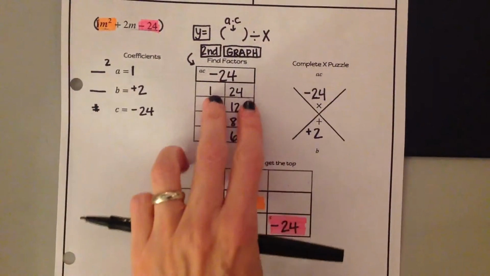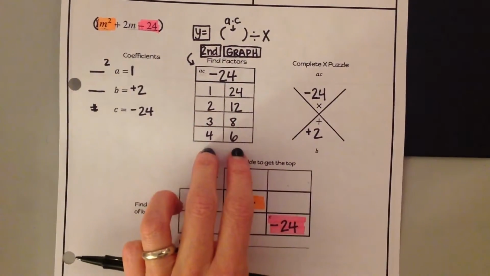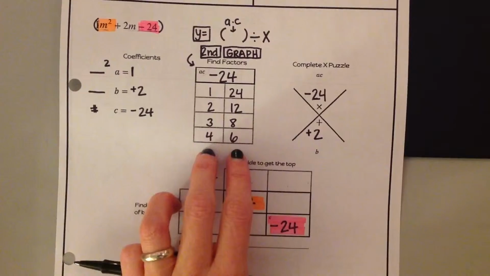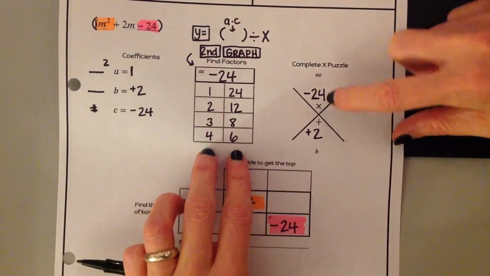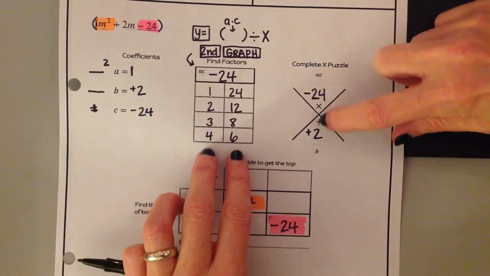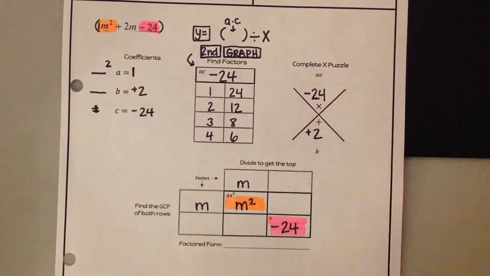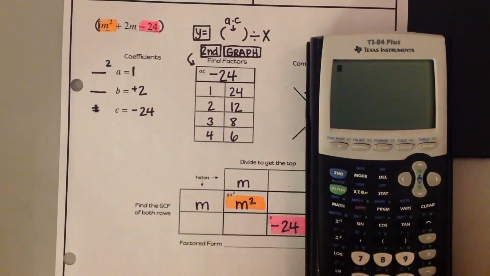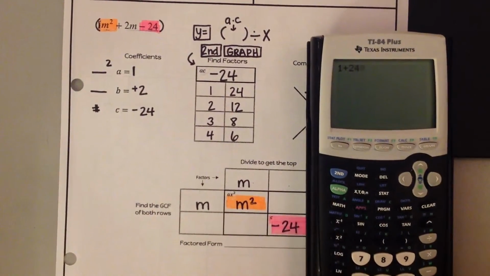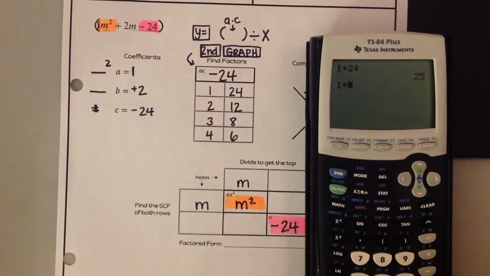And now I'm going to use my list of factors to figure out two numbers that when multiplied will make negative 24 and when added together make a positive 2. So let's think, 1 and 24. So I'm going to use my calculator. So 1 plus 24. Nope. 1 plus a negative 24.